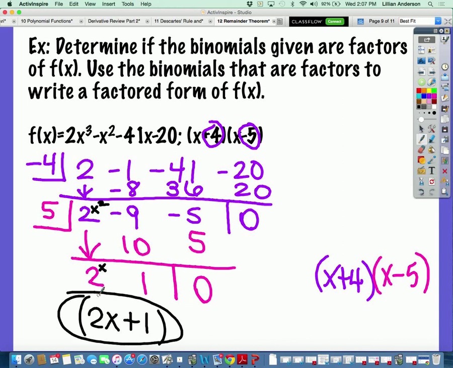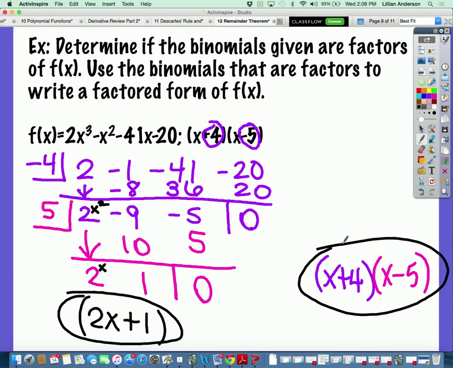So here are your factors. Jamie and then Shaka. Yes. Exactly.